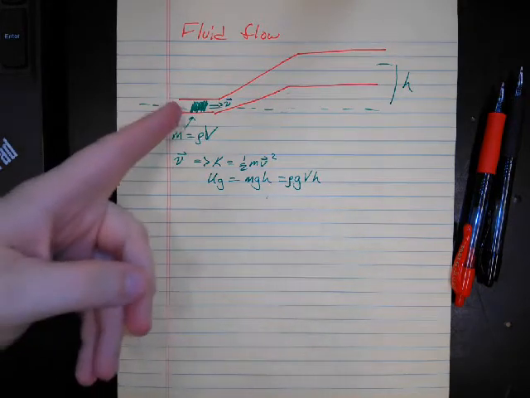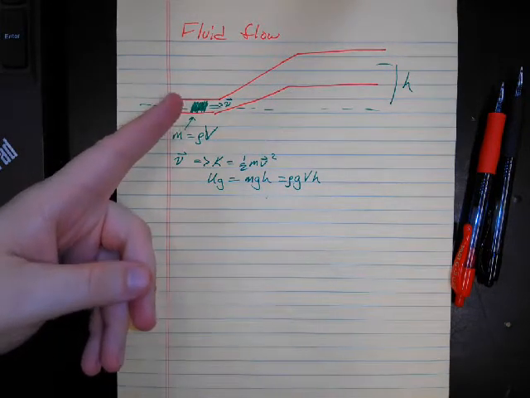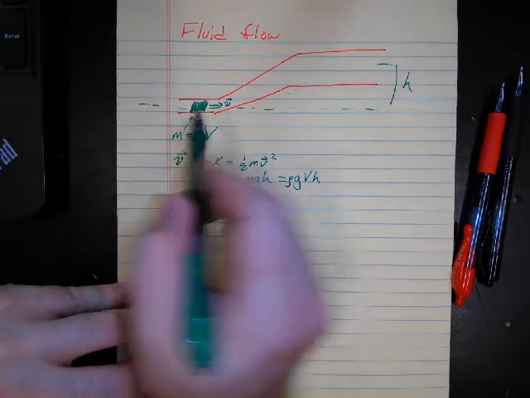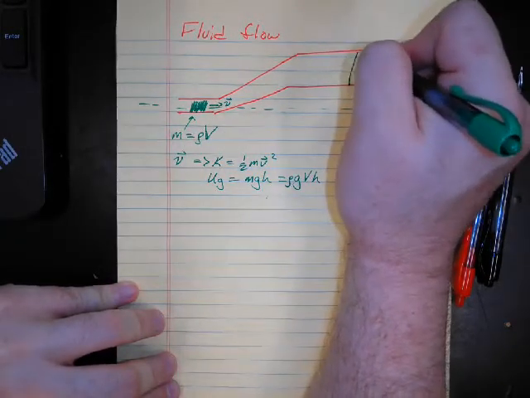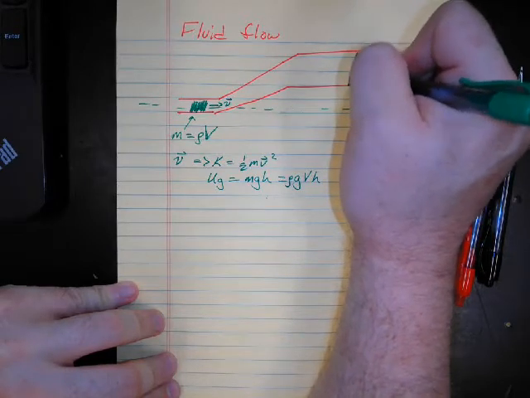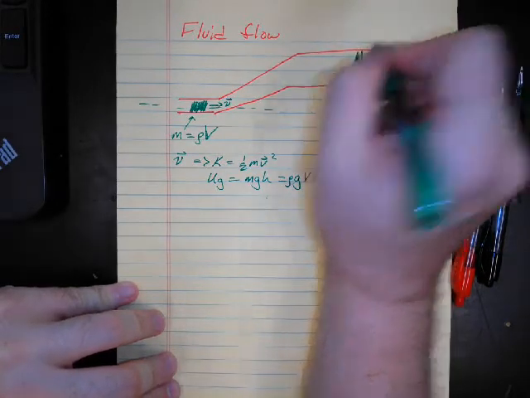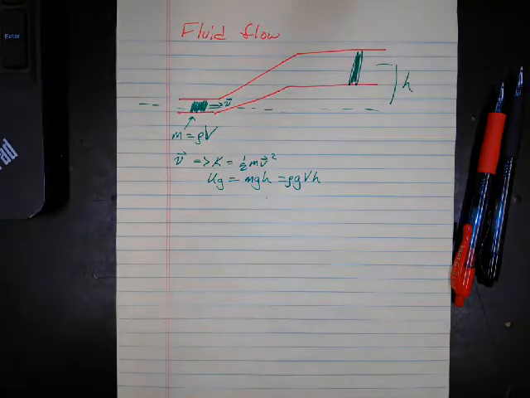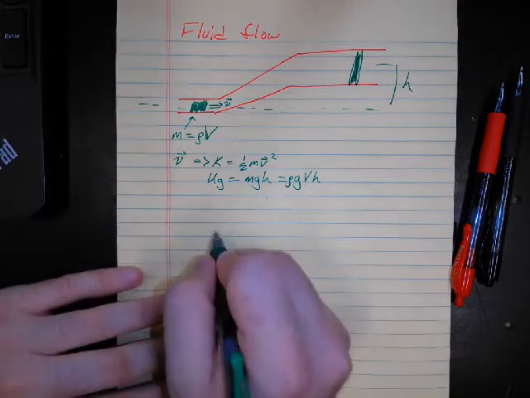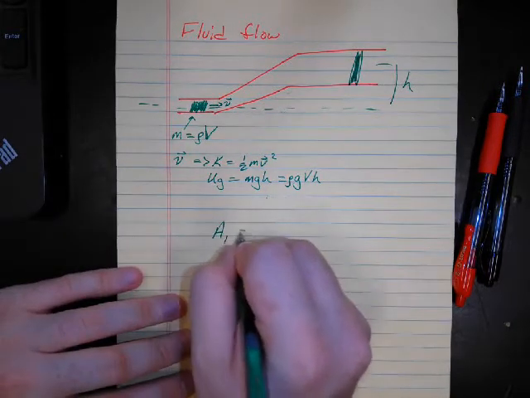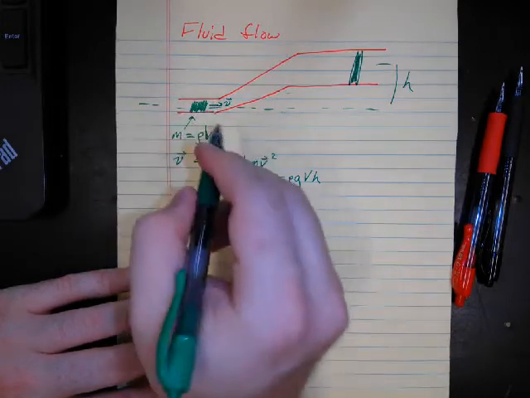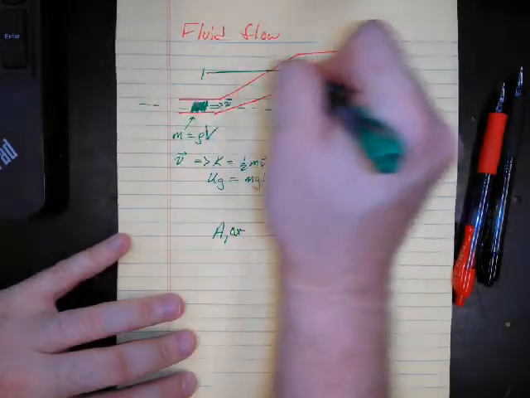Okay. So let's say we do some work to move this. The work that we do to move this little chunk of fluid is going to result in it coming up here somewhere. Based on our Pascal's law, based on finding continuity, then we know that the area times delta x here, how far we move it.